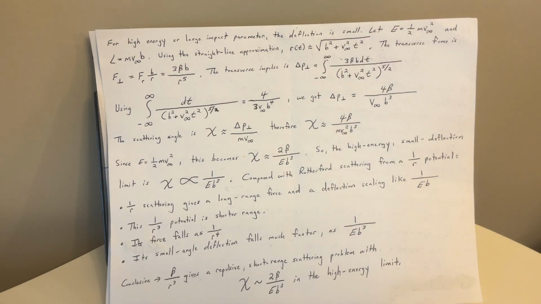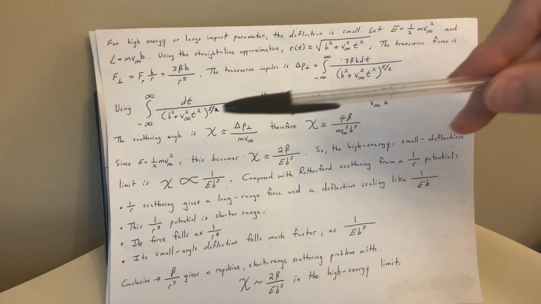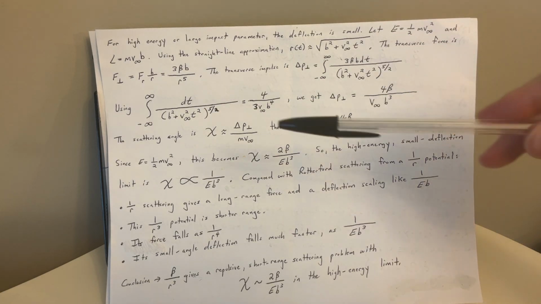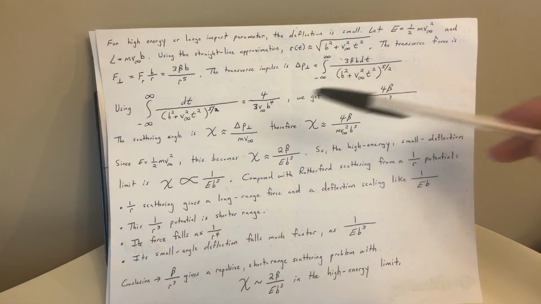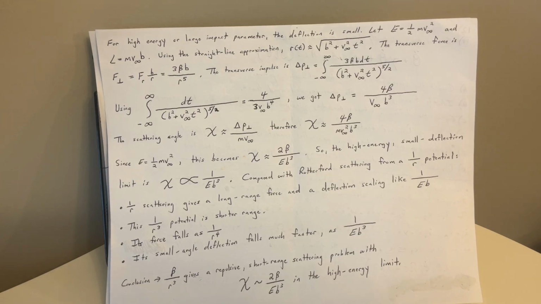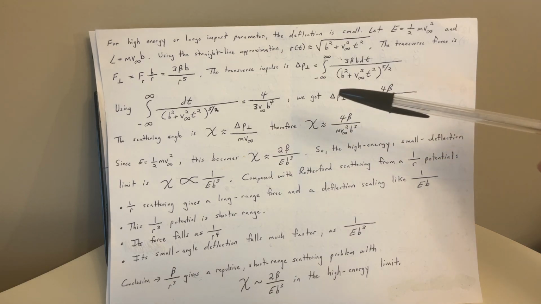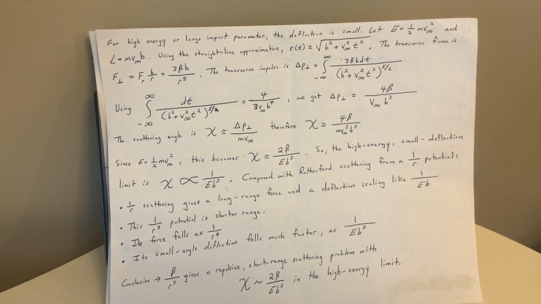Using this integral from negative infinity to infinity of dt over the quantity b squared plus v at infinity squared t squared raised to the 5/2, performing the computation, that comes out to 4 divided by 3 v at infinity b to the 4th. And we get delta p sub perpendicular equals 4 beta over v at infinity b cubed.